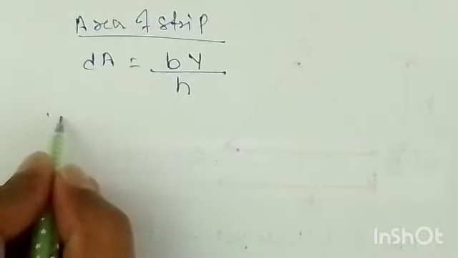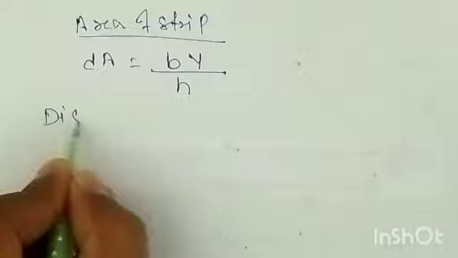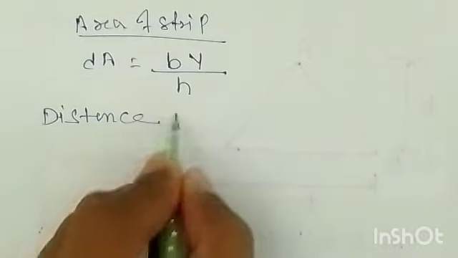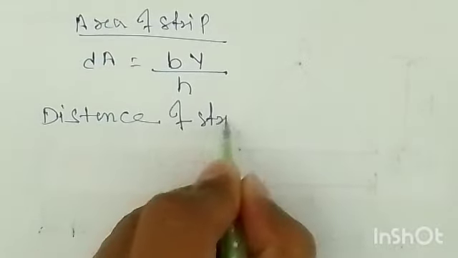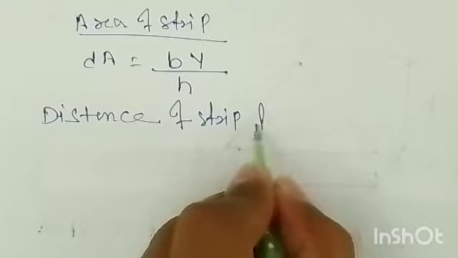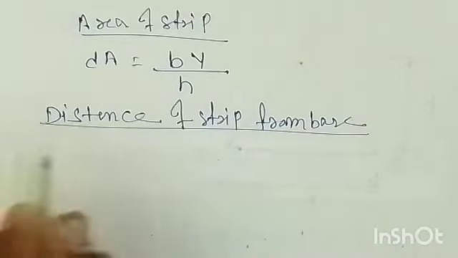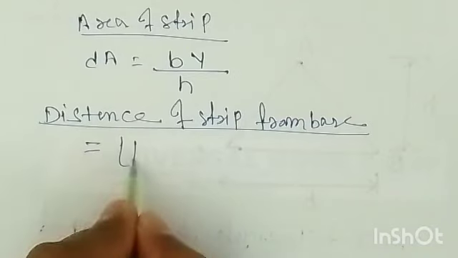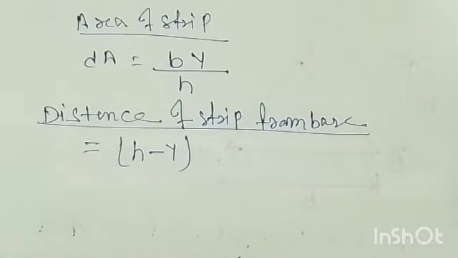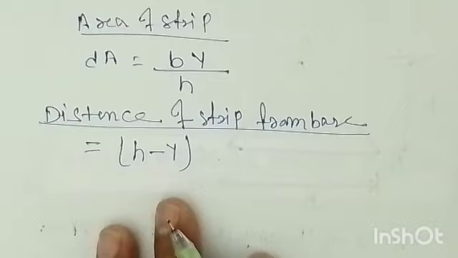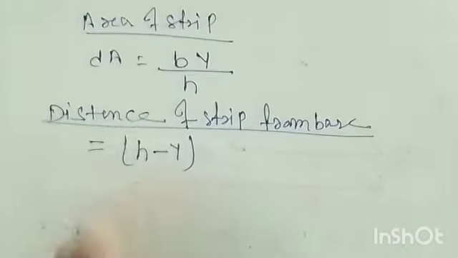Yes, so you can say here that the distance of the elemental strip from the base, right, from the base. So the distance of a strip from the base is what? H minus y. Alright, so now therefore you can say the moment of inertia of the strip about the base is what?